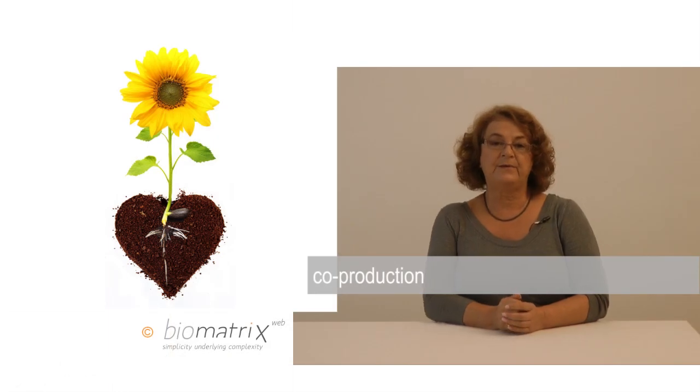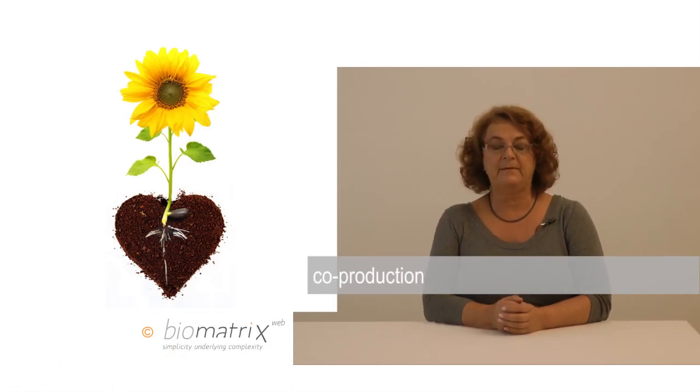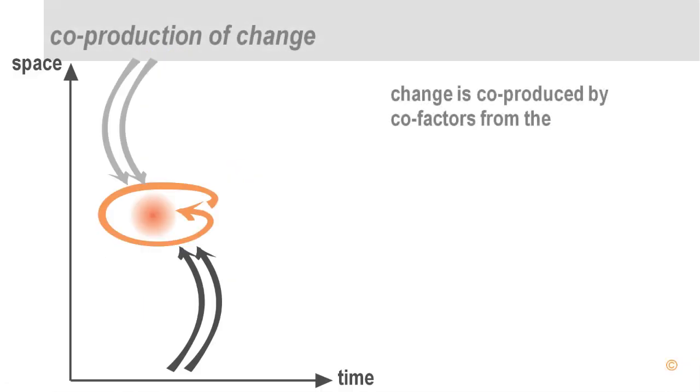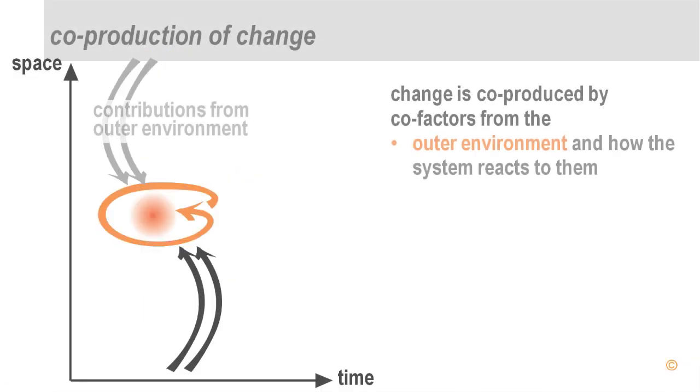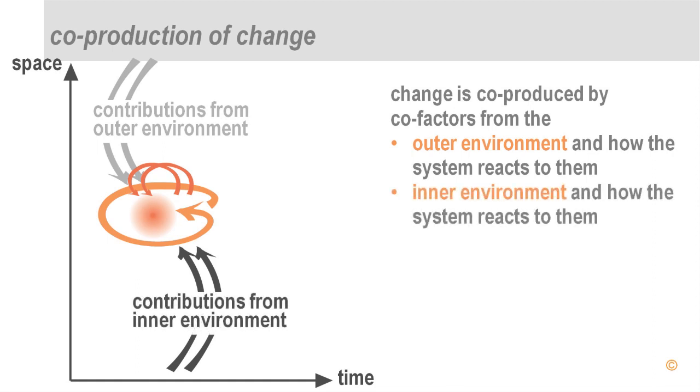We have learned in Module 1 and Module 2 that change is co-produced by cofactors from the outer environment and how the system taps them or reacts to them, by cofactors from the inner environment and how the system taps them and reacts to them, and also by cofactors from the system itself.